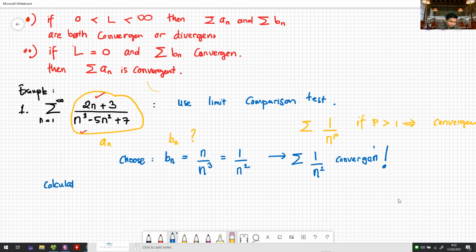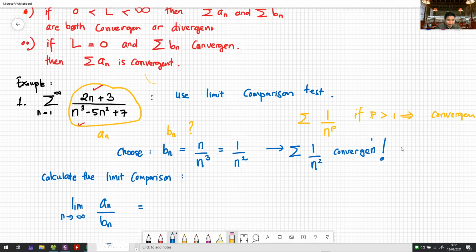Calculate the limit comparison. Okay, and then what is the theorem? AN divided by BN, and then n goes to infinity. We will try to calculate this one.